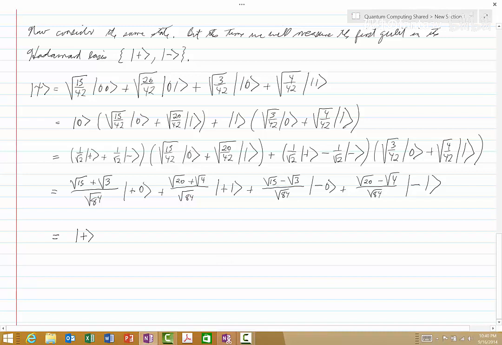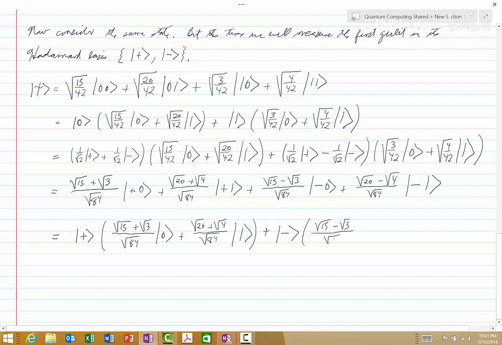So we get plus times the square root of 15 plus the square root of 3 over the square root of 84, |0⟩ plus square root of 20 plus the square root of 4 over the square root of 84, |1⟩, plus minus times the square root of 15 minus square root of 3 over the square root of 84, |0⟩ plus square root of 20 minus square root of 4 over square root of 84, |1⟩.